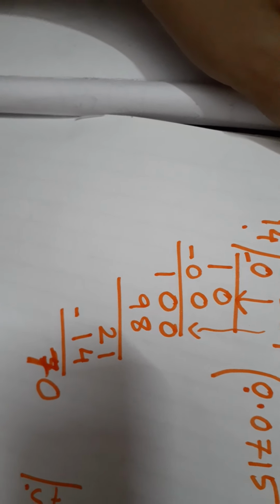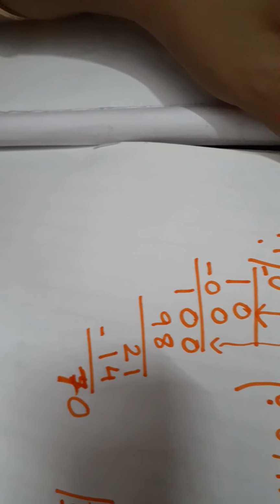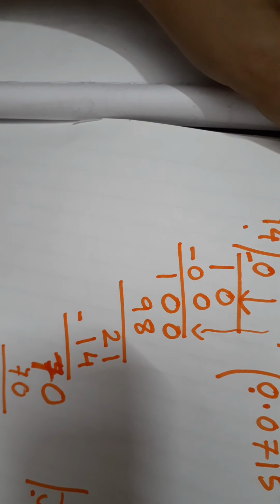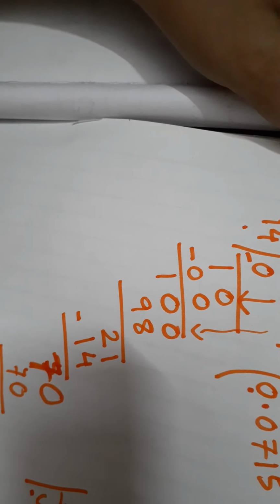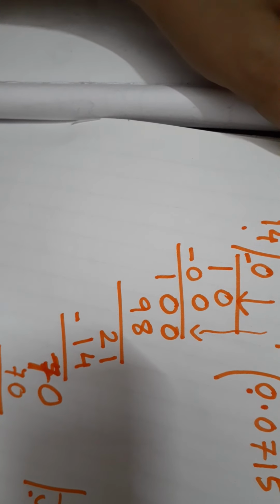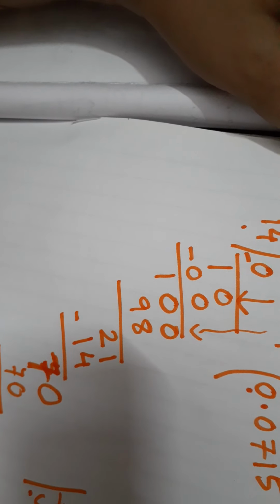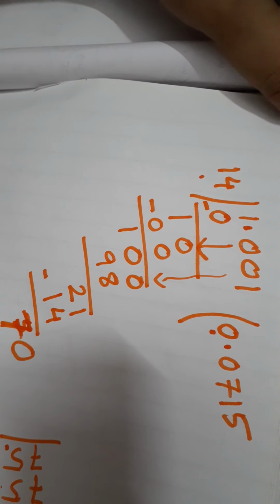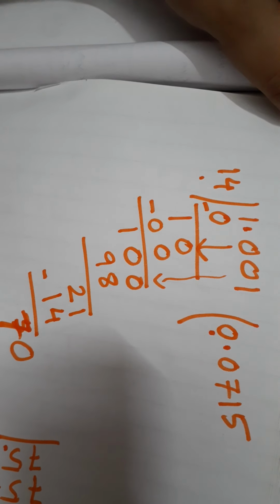When you use 5 14s are 70, and subtract 70 from 70, we get remainder 0. That means when we are dividing 1.001 by 14, we will get our answer 0.0715.